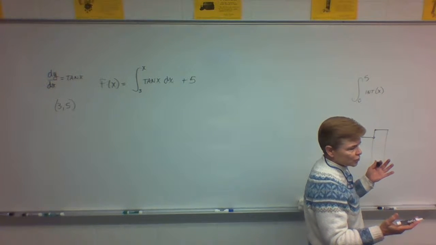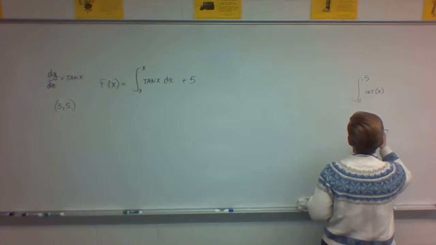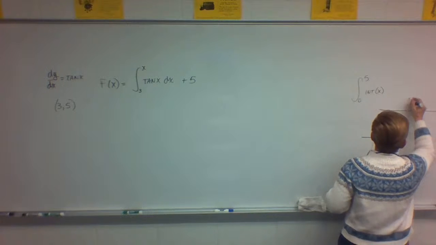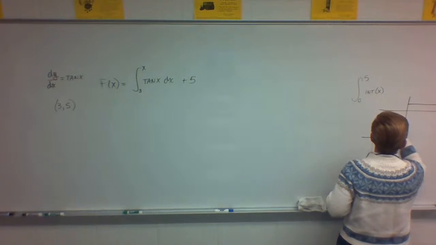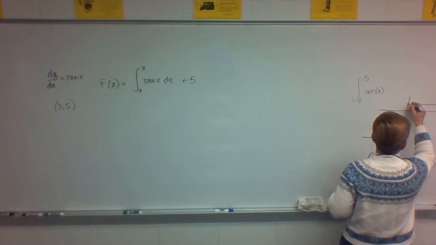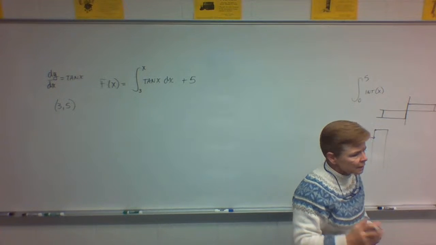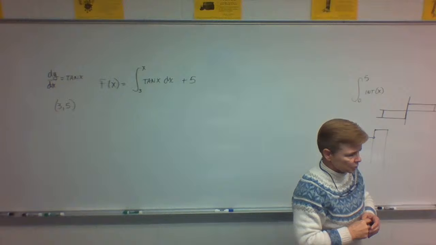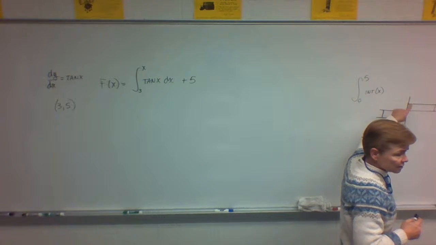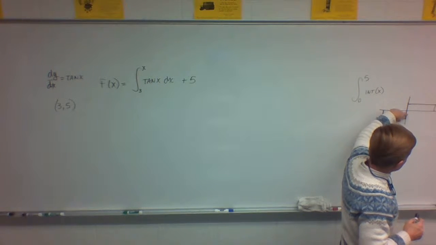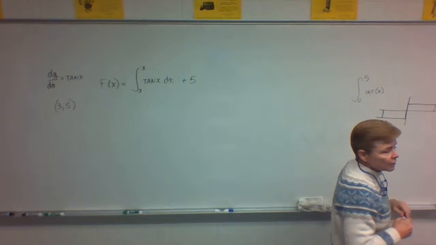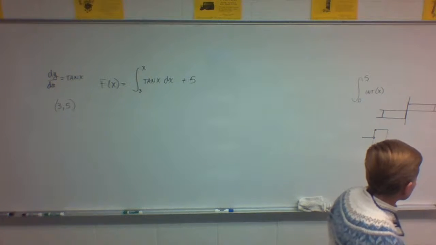We did it with the absolute value of x over x as well, where we got a graph like this. Absolute value of x over x was 1 out here and -1 here, and we were able to just close that off and find this rectangle and this rectangle, find the area. Can't do that with vertical asymptotes. You got jump discontinuities, okay, as long as they jump from this x value up to this x value, like we have here. As long as they jump that way, it's not a problem.